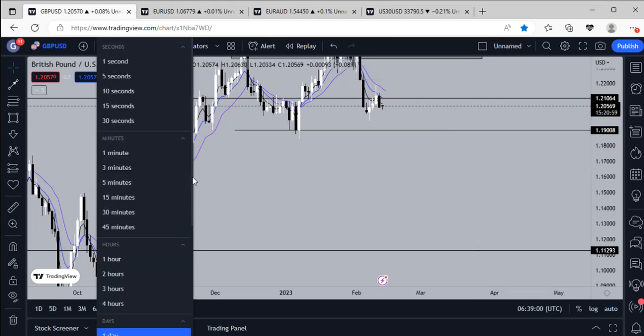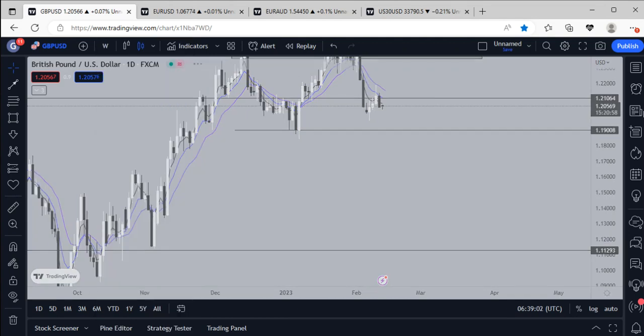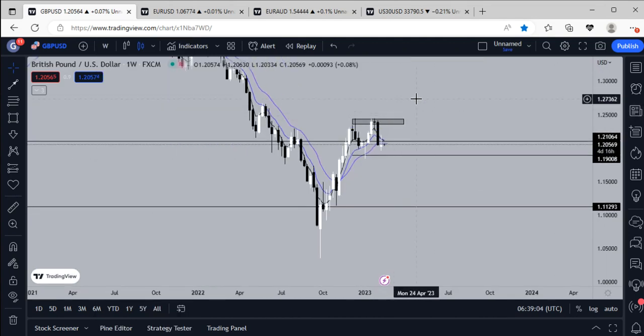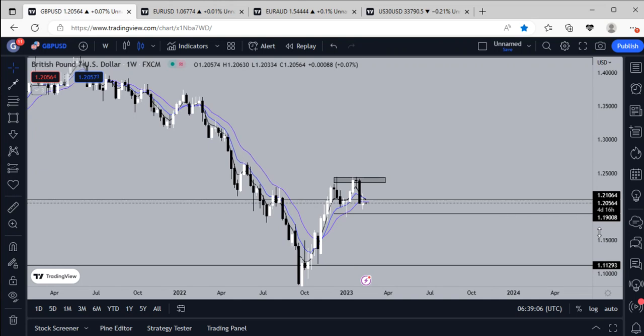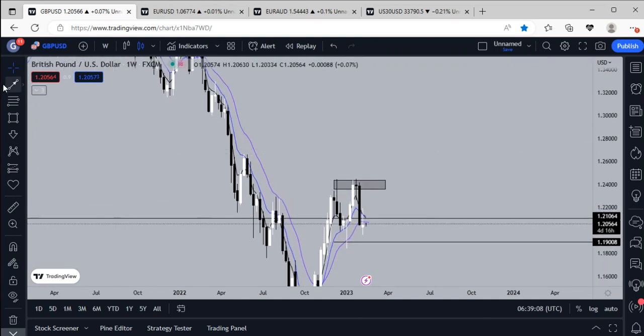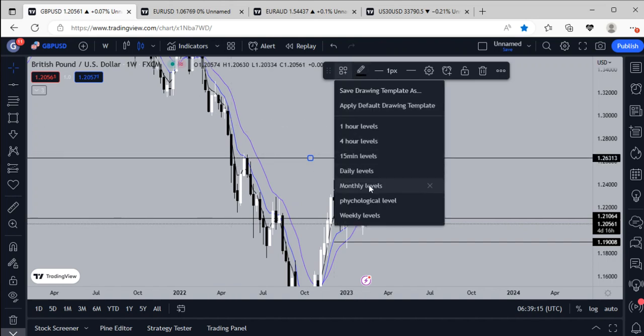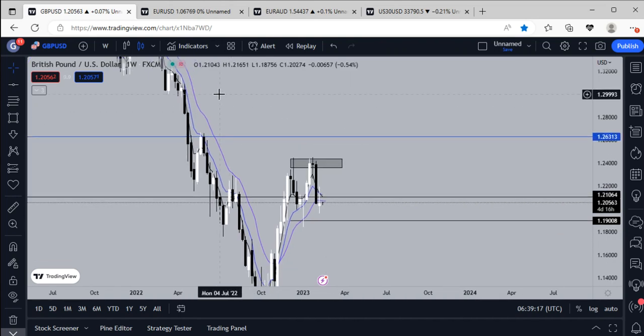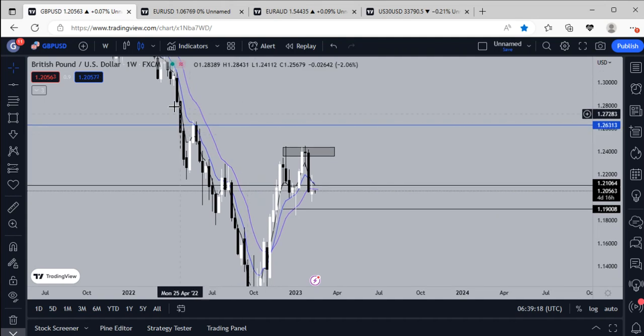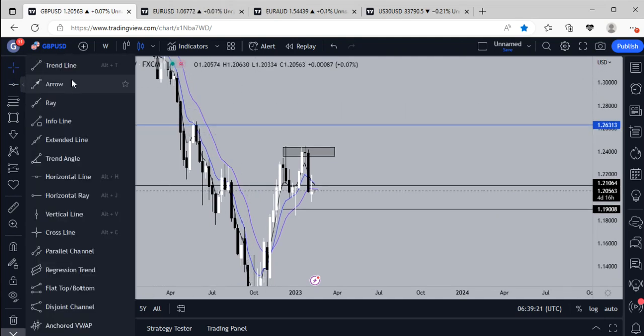And on the weekly, I'm going to try to look for another level where price can be attracted to, and we have this area over there.